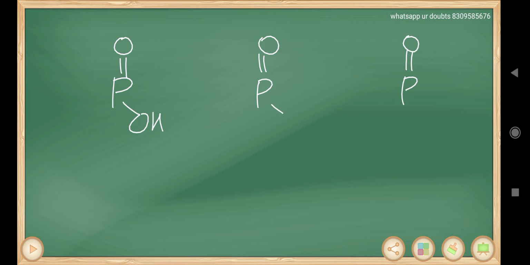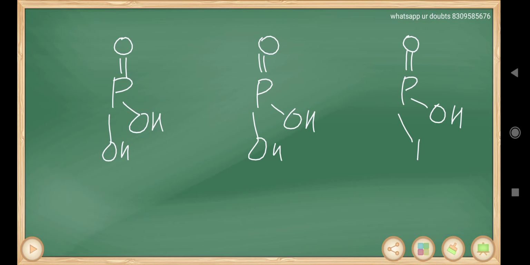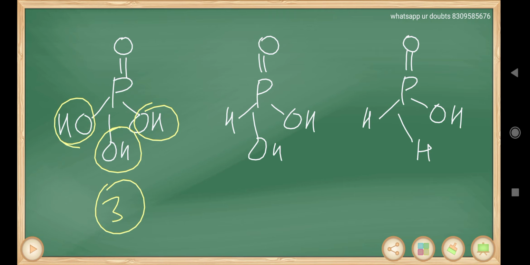For your convenience, I will just give you the structures of H3PO4, H3PO3 and H3PO2. See, up to here all are the same. Here you can notice 3 OH groups are there, so basicity is 3. Here 2 OH groups are there, basicity is 2.